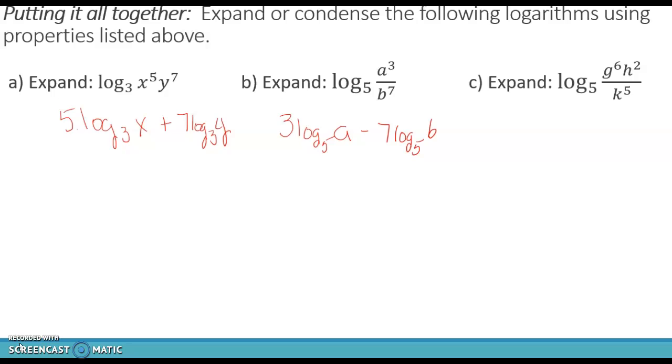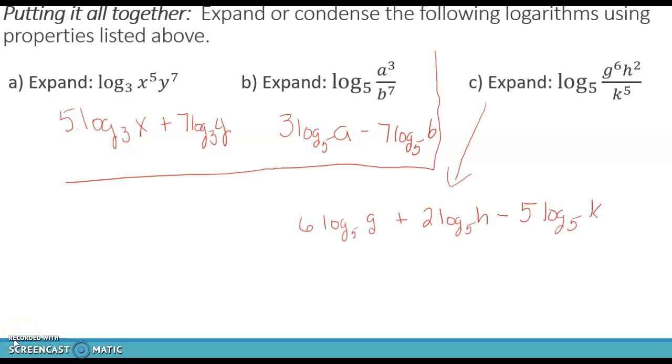Since it's division, we broke it up into subtraction. Then we took the exponents and put them out front. Don't forget, we still have the base 5 for both of them. So we took the 3 and put it out front, and the 7 and put it out front, and subtracted those two. Awesome. All right, try C.